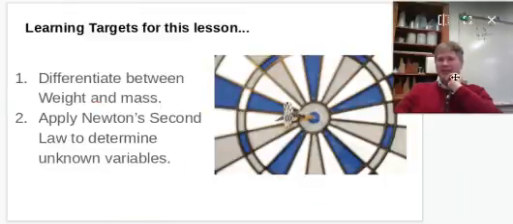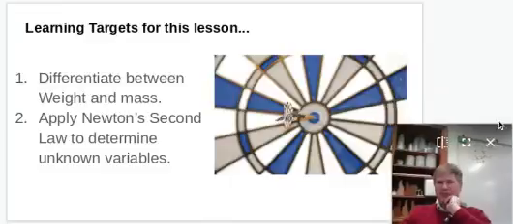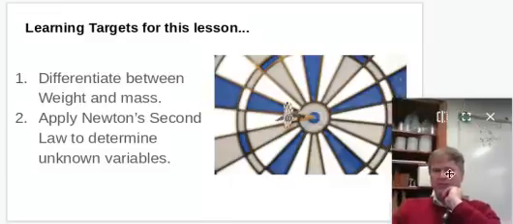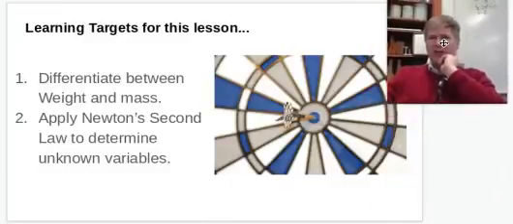So the targets for today: differentiate between weight and mass, and then apply Newton's second law to determine unknown variables. You've actually already talked about Newton's second law. It helped us figure out how fast something was going if we applied a force to it.